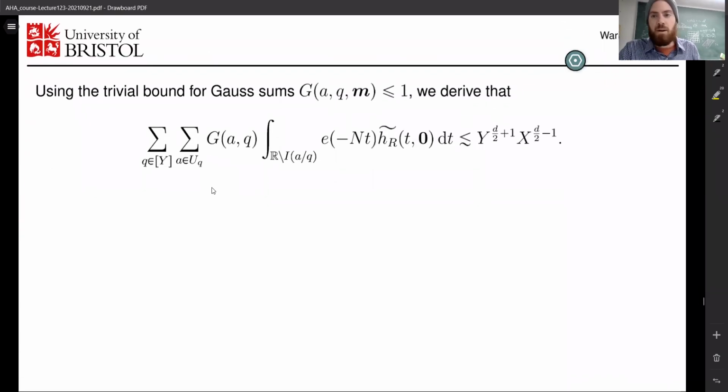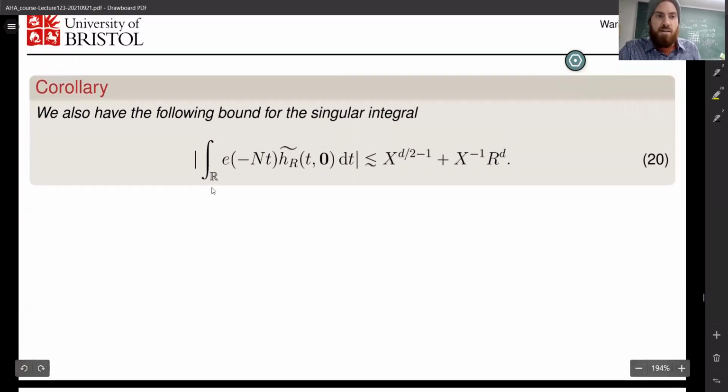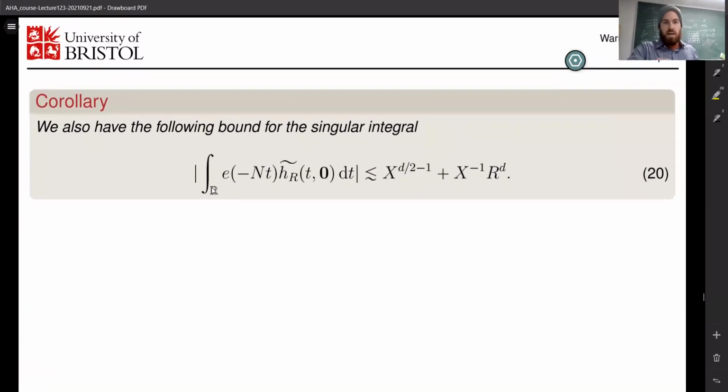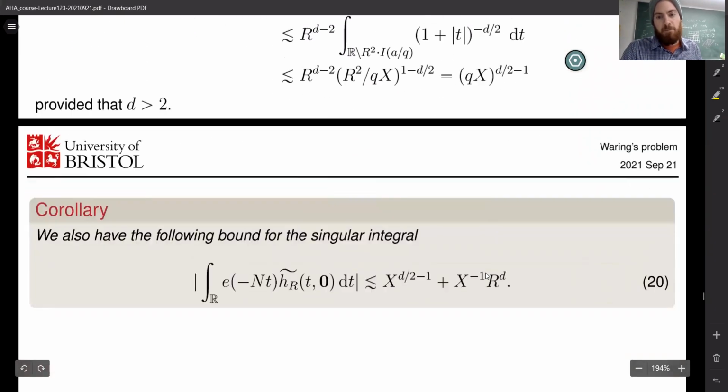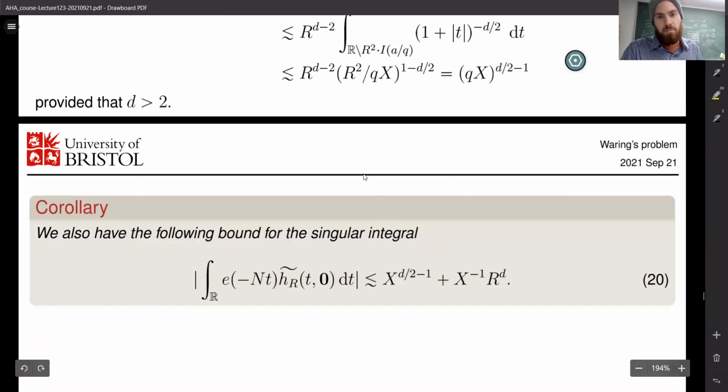I should have filled in that part, so maybe I'll take just a moment to elaborate on this. What I'm really doing here is I'm taking t and letting it be approximated by 0 over 1 and plugging that in here. So that q in the previous bound, q times x to the d over 2 minus 1, is just a 1 here, and that's this term outside of I of a over q.